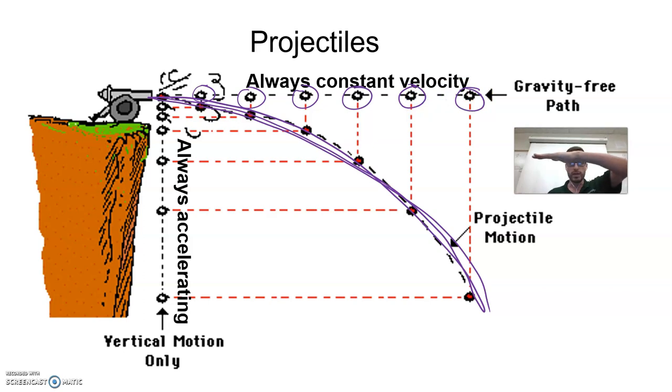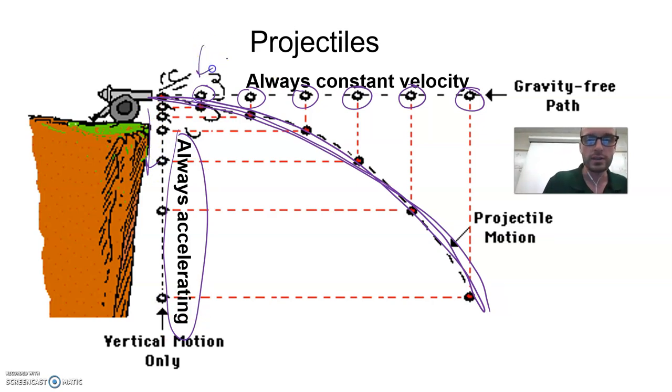So in the horizontal dimension, there are no other forces, and it has no reason to accelerate. But in the vertical direction, it's always accelerating because the force of gravity is unbalanced. What we're illustrating here is you see how these are spaced evenly. That's because we have a constant velocity in the horizontal direction. These are gaining distance every second, because you're accelerating. And when you put them together, that's where you get this curvy path.